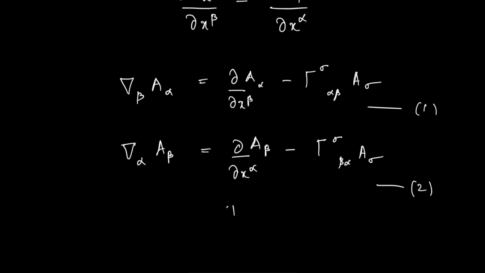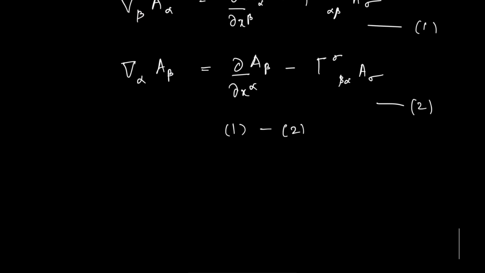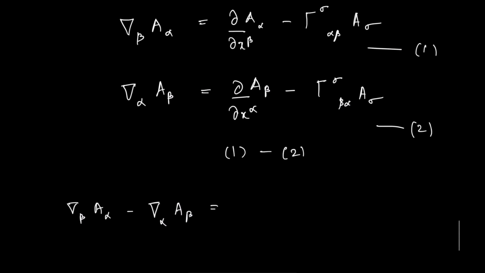Now I am going to subtract these two. Equation 1 minus equation 2. Then on the left hand side I will have covariant derivative of A alpha with respect to beta minus covariant derivative of A beta with respect to alpha is equal to, on the right hand side I will subtract these two, okay.